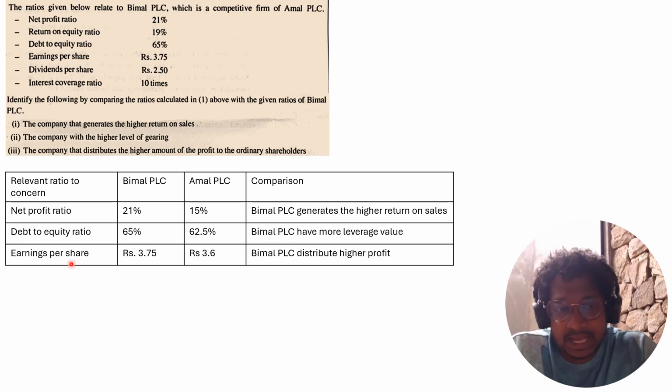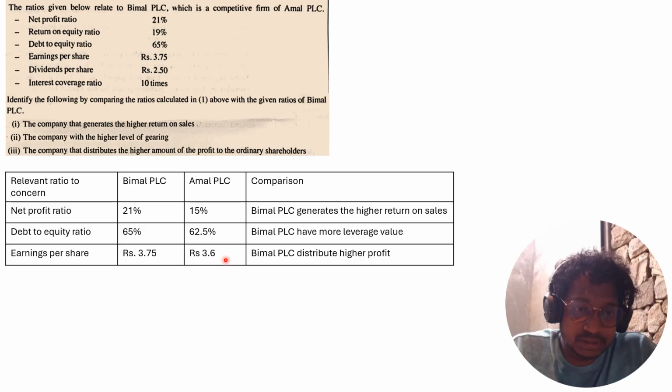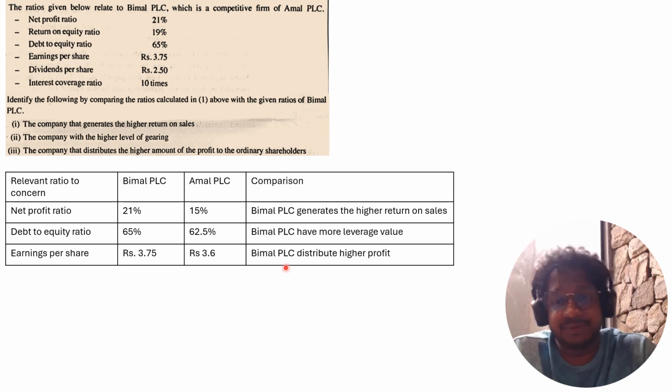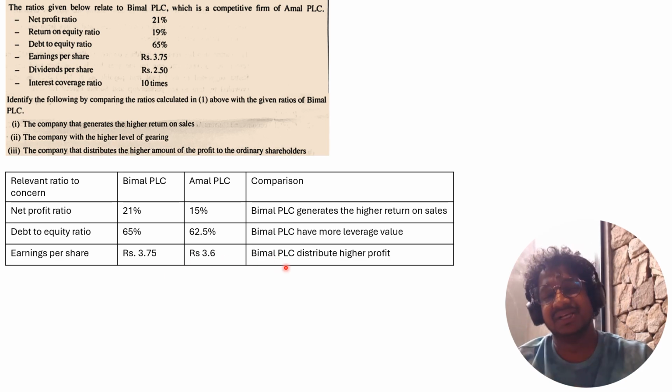And earnings per share, which means they are asking which distributes the higher amount of profit to the shareholders. To find that, you have to consider earnings per share. In Amal PLC we found 3.6 rupees, but in Bimal PLC it's given as 3.75. So Bimal PLC distributed higher profit to the shareholders.